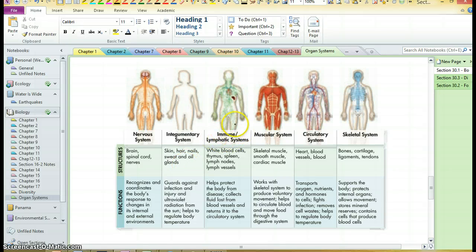The immune system, unfortunately, we won't be able to talk about that much this year, but of course, it's what you use to fight off pathogens, consisting of your white blood cells and some of these glands that secrete or process white blood cells. And the lymphatic system, I don't know if you're familiar with this one, but it's sort of a counterpart to the circulatory system in that it has a fluid called lymph that runs in it.